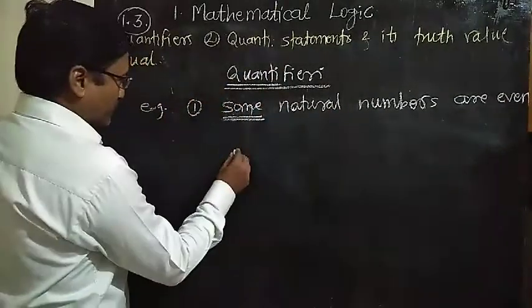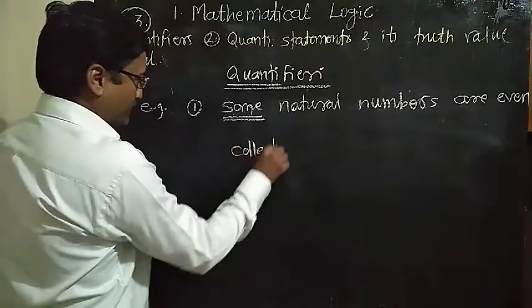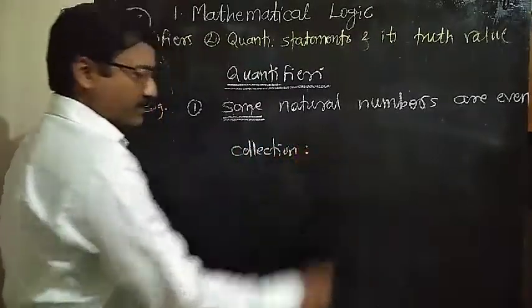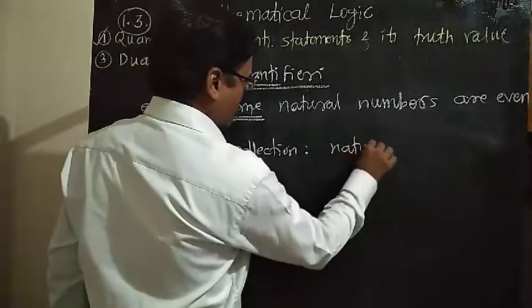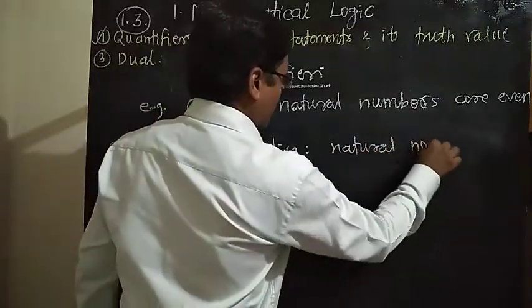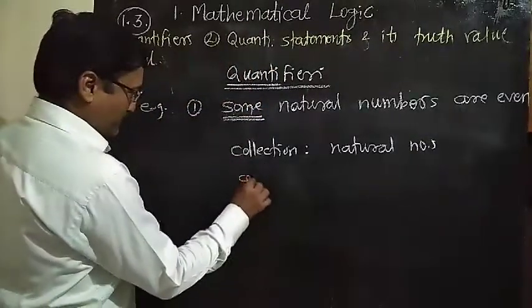Now in this statement, some natural numbers are even numbers, the collection is the set of natural numbers. And what condition is given here?